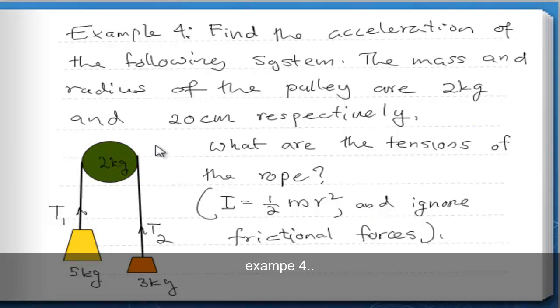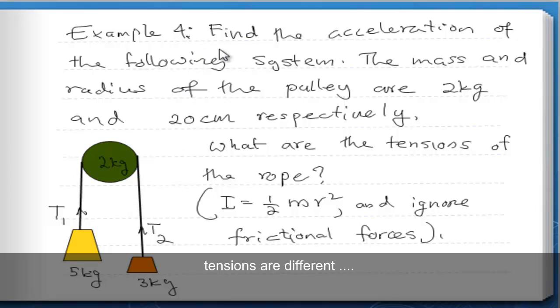The biggest difference is when you consider the mass of the pulley, then the tensions on the string are not equal. Tension T1 and tension T2 are not equal anymore because you need some torque to rotate the pulley, and that torque makes a difference to the tension on either side of the rope.